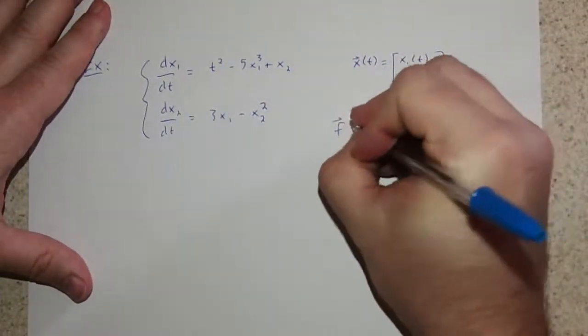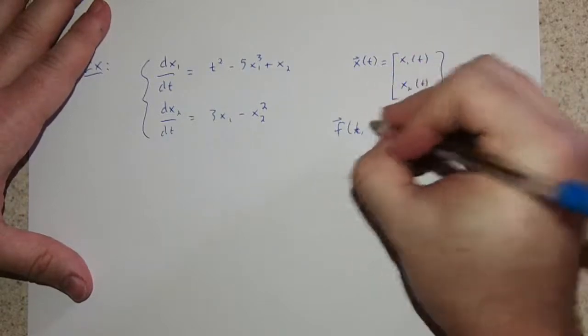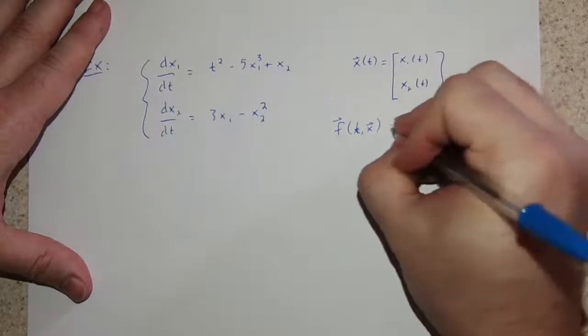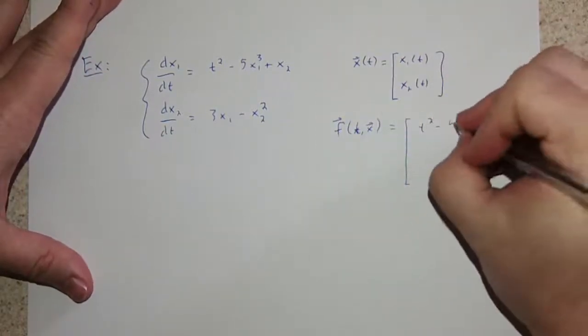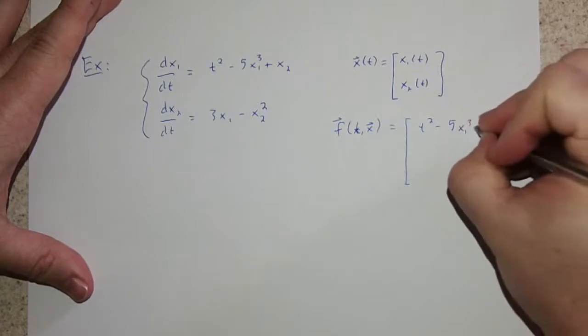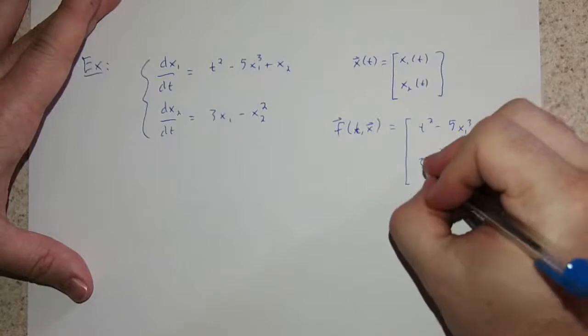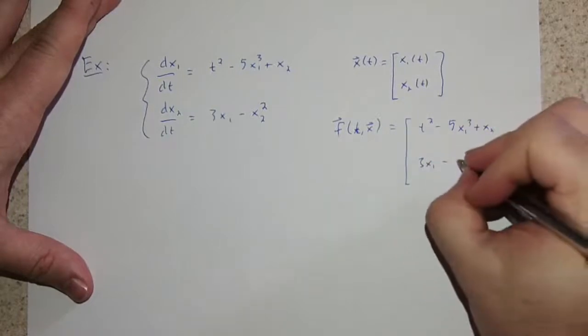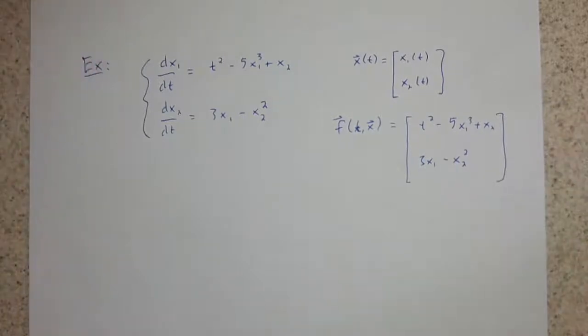Let me write out what f is. I wrote it as f of t, x before, so let me do that. This is simply t squared minus 5 x1 cubed plus x2, and 3 x1 minus x2 squared, like this.